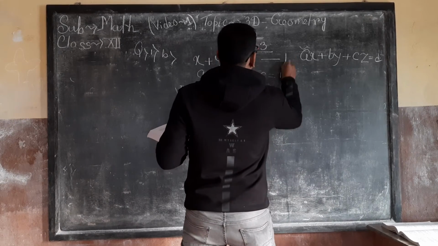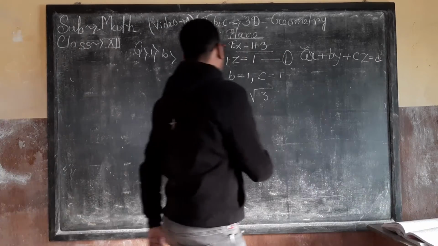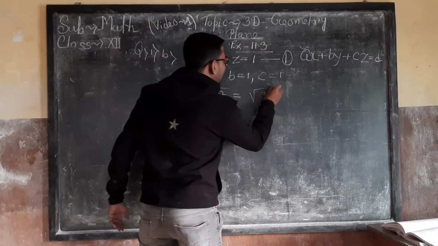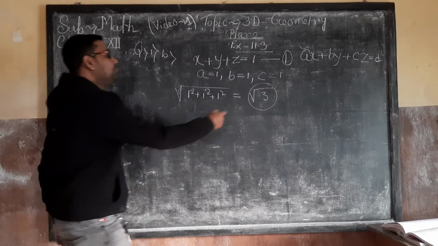And suppose we consider that this one is our equation 1, and after getting this value, divide both sides of equation 1 by this.